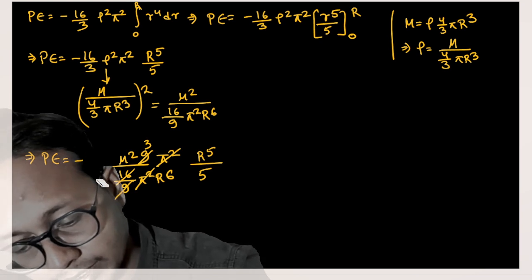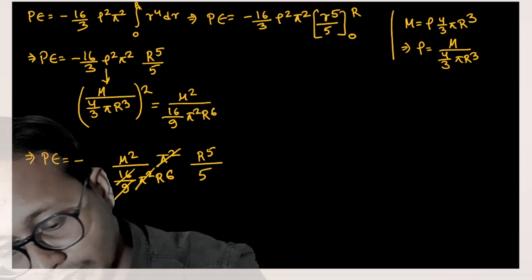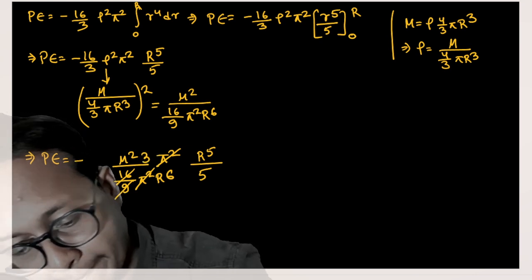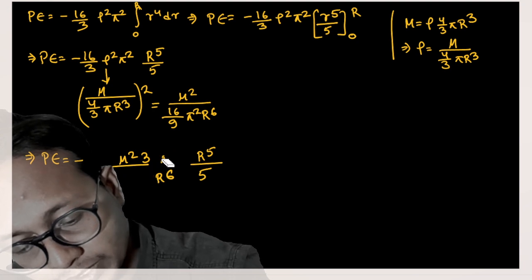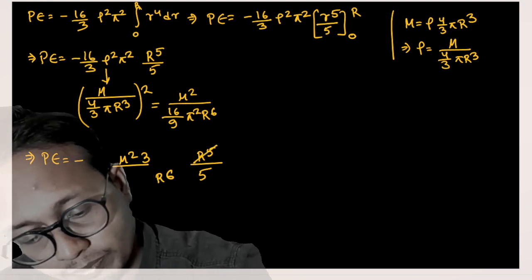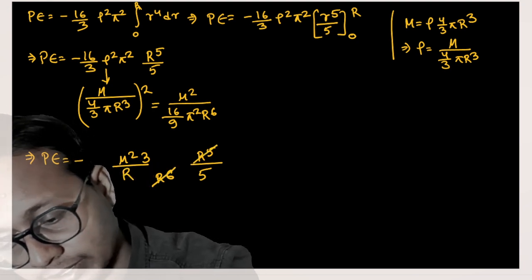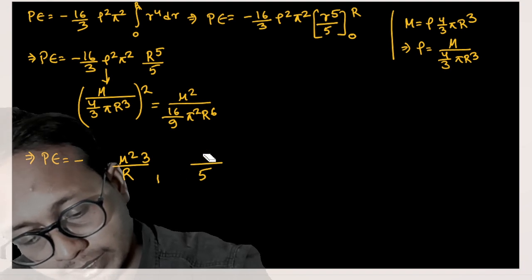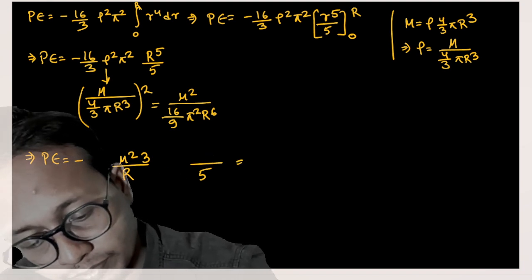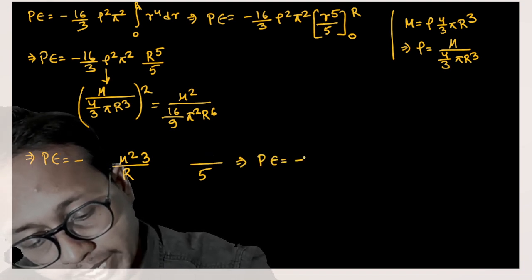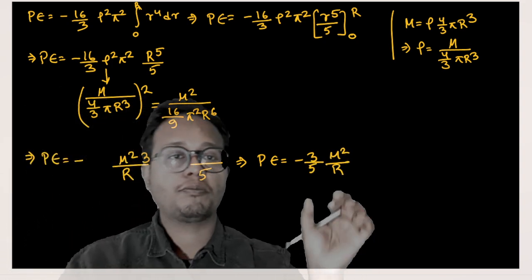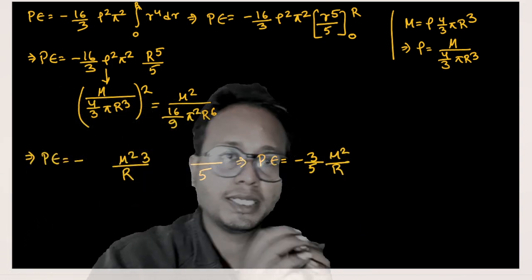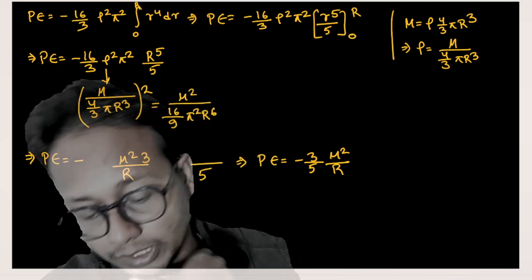R to the power 5 and R to the power 6 will become R. So we get potential energy equal to minus 3 by 5 m square by R. So this is the potential energy of formation of a solid sphere of mass M. Understood? So this is the question.